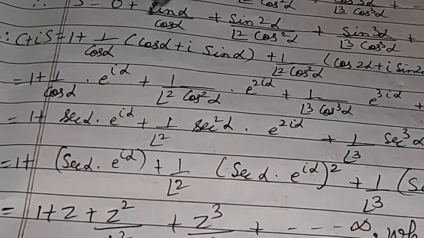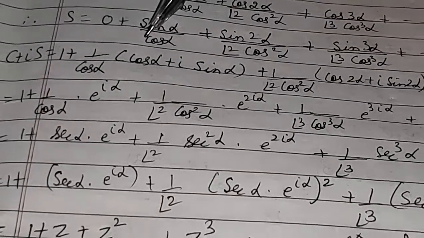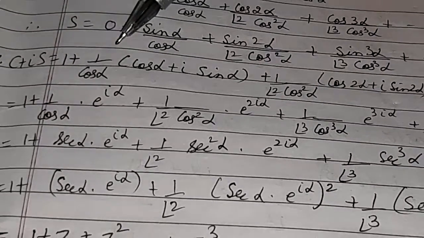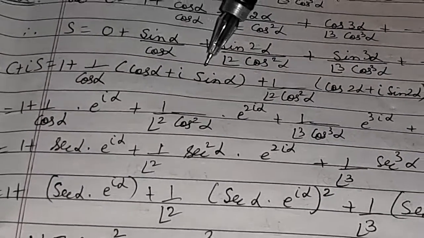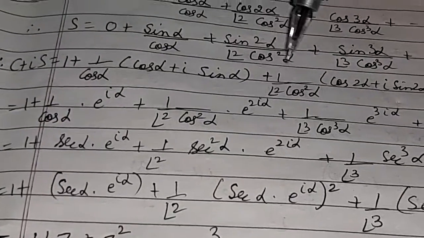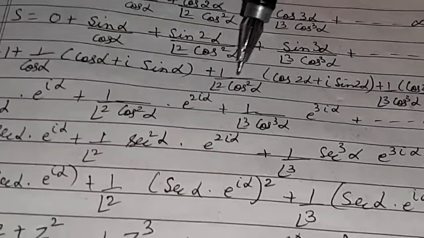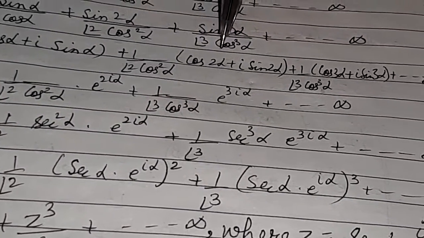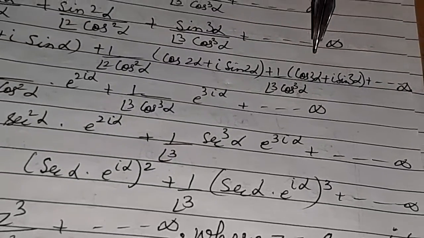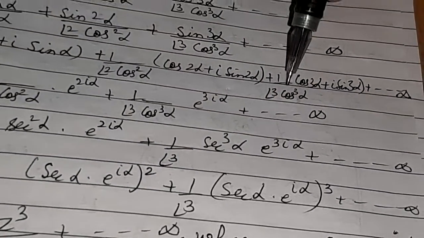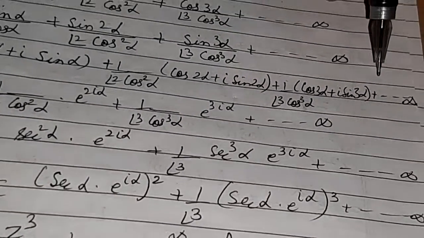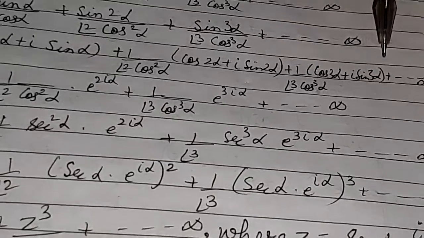Second term: cos alpha by cos alpha plus iota sin alpha by cos alpha, so we take 1 by cos alpha common and we have cos alpha plus iota sin alpha. Next, in the third term 1 over 2 factorial cos square alpha can be taken common and we get in numerator cos 2 alpha plus iota sin 2 alpha. Again in the fourth term we can take 1 over 3 factorial cos cube alpha as common and cos 3 alpha plus iota sin 3 alpha in numerator, and so on.